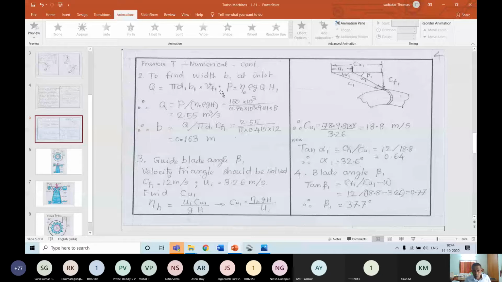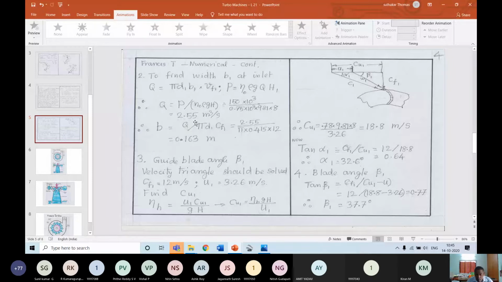Then to find Q, we use the equation P equal to overall efficiency into rho g Q H, with H the net head. So from the power equation, Q is equal to P divided by overall efficiency into rho g H. So you get 2.55 meter cube per second. So high discharge, so many meter cube per second.